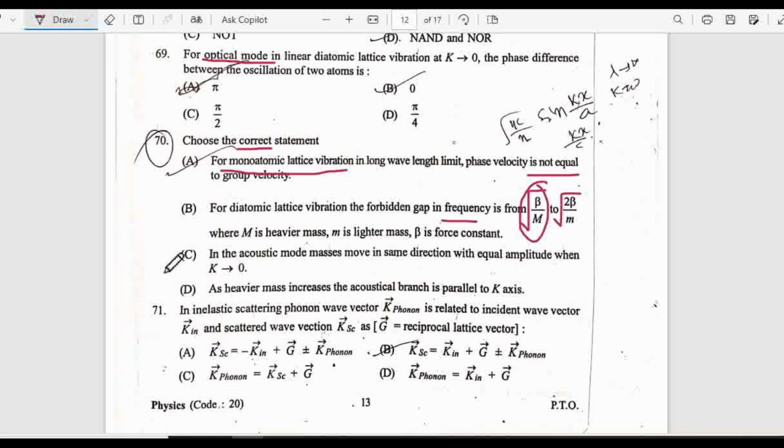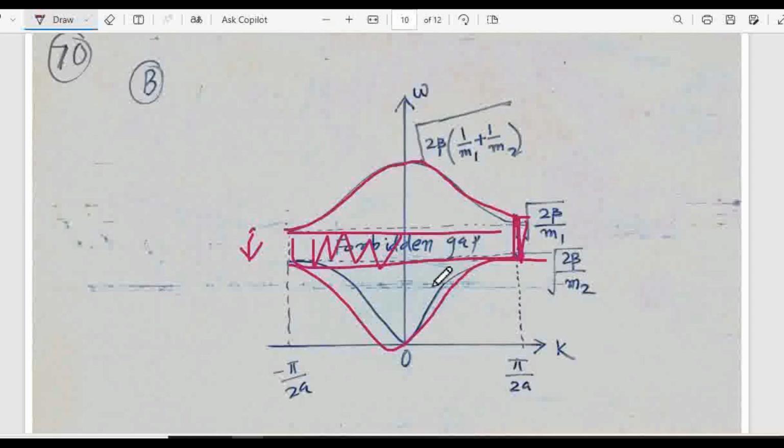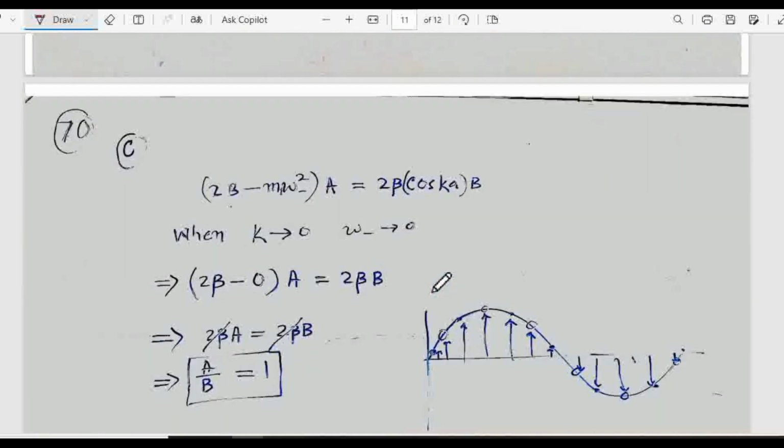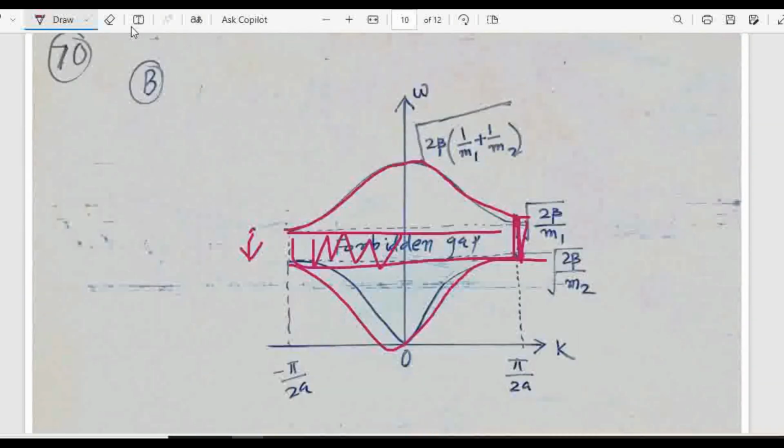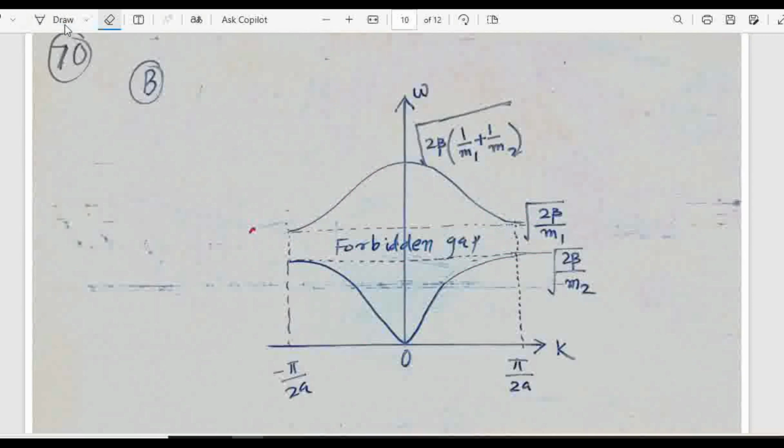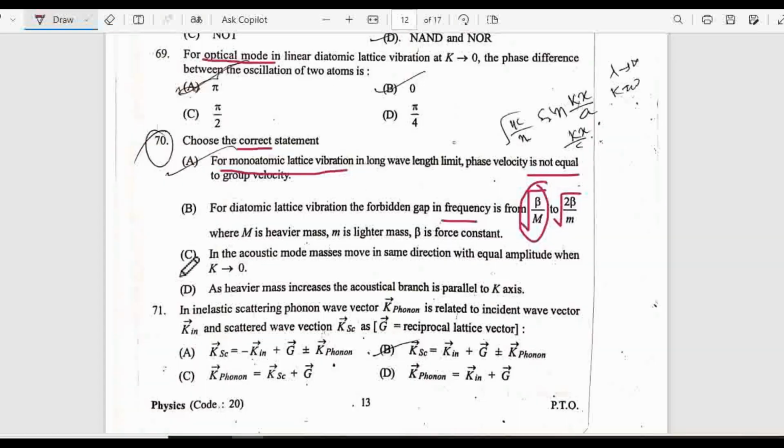Now coming to option C, it is given that in the acoustic mode, masses move in the same direction with equal amplitude when k tends to 0.